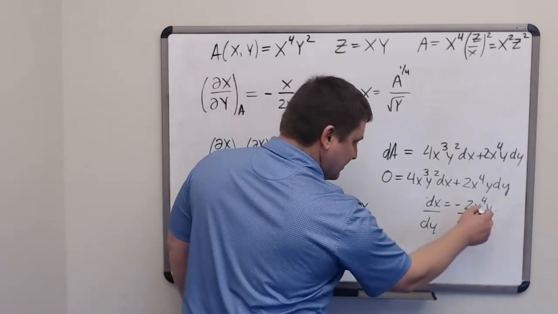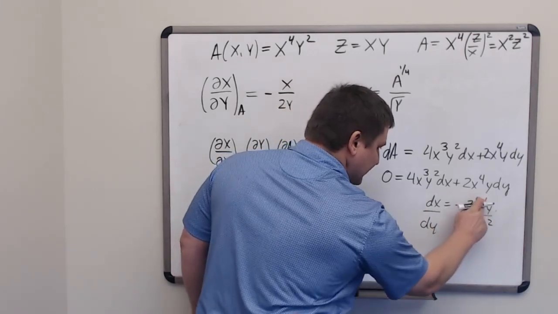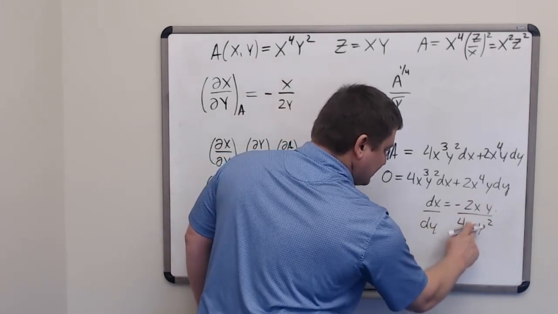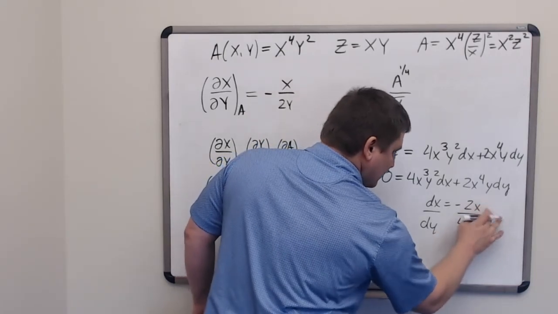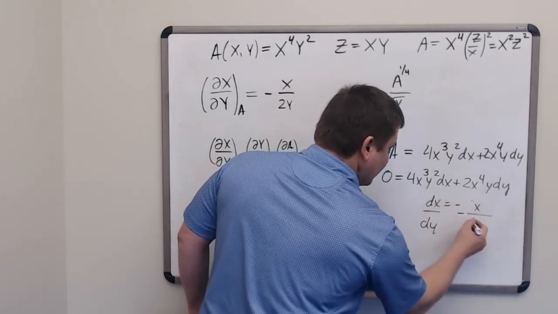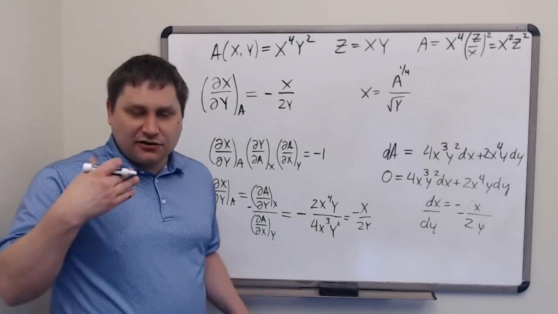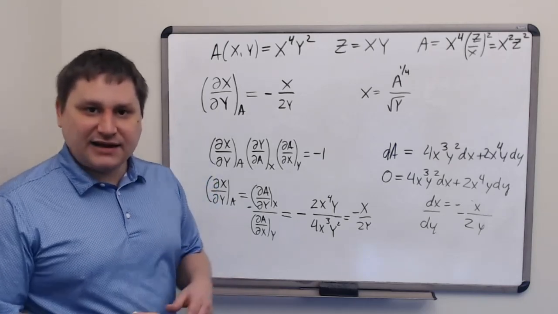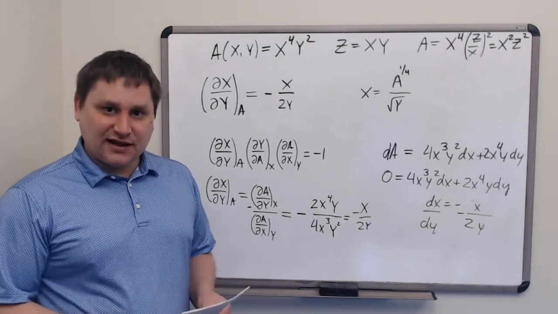So we get that for dx over dy. And then if we simplify that, the x goes to 1 in the numerator, the y goes to 1 in the denominator, and the 2 and the 4 amount to a 2 in the denominator. So we do get the same thing that way. So if you're new to doing these derivatives, it's not a bad idea to try to do them at least 2 different ways. Make sure you get the same result each way.